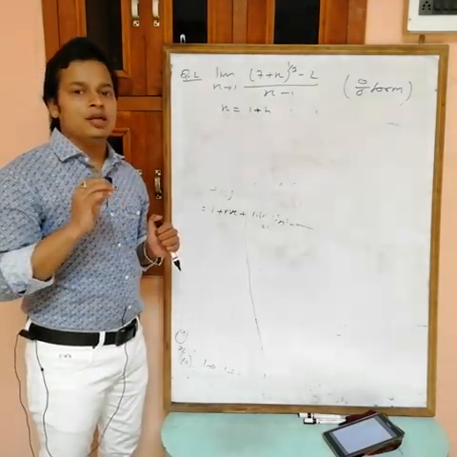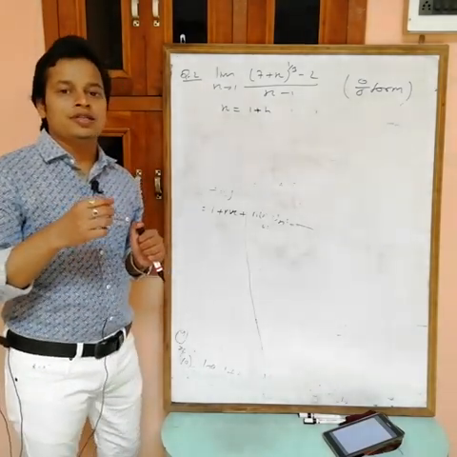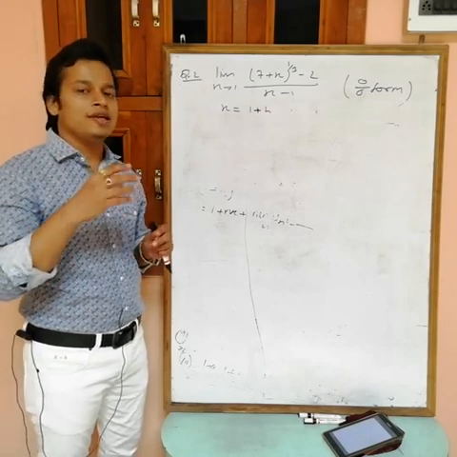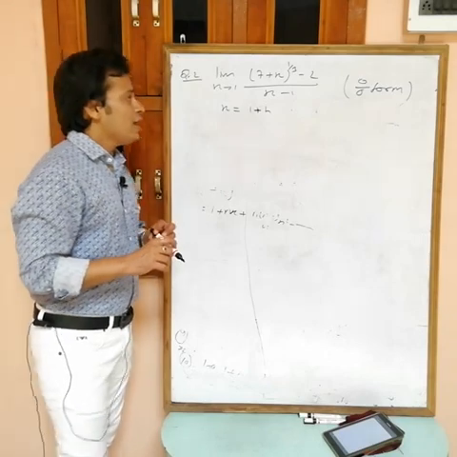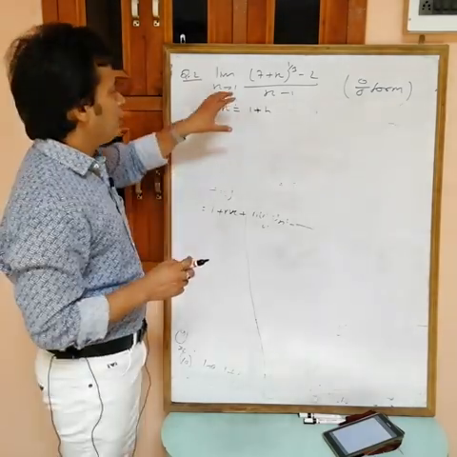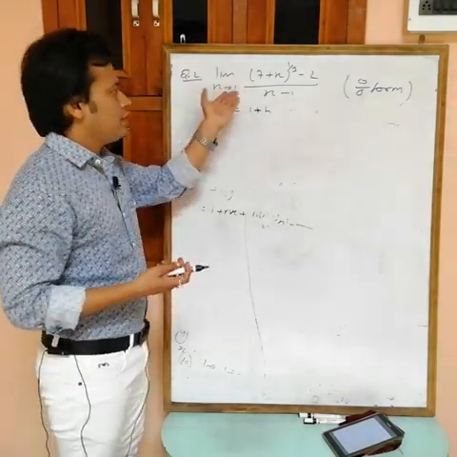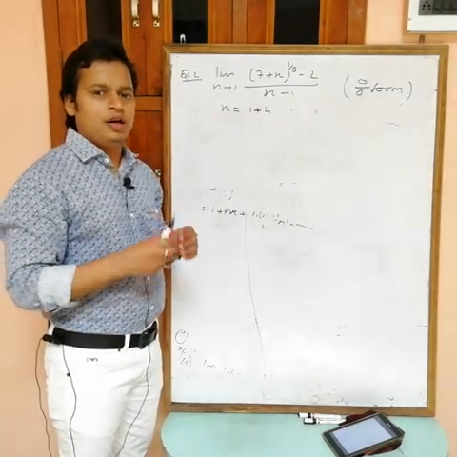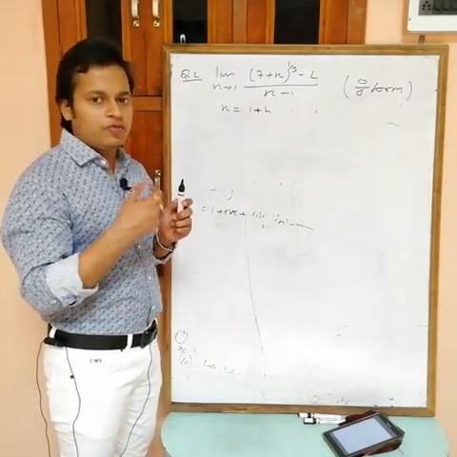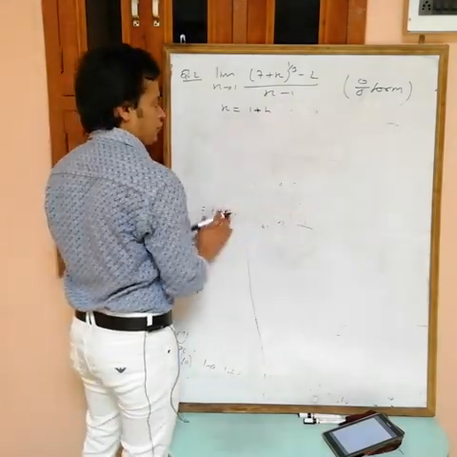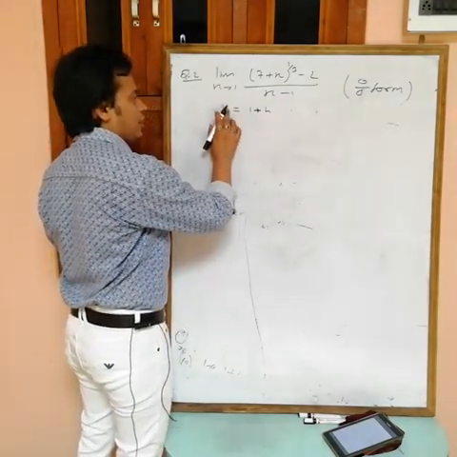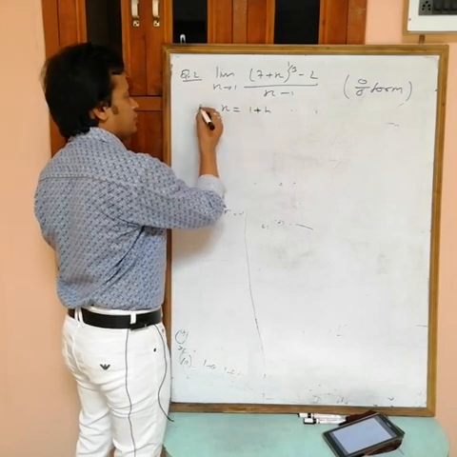So there is no need to find LHL and RHL separately, because you will always get the same value of LHL and RHL. So I can find the RHL at x equals to 1, meaning the value at 1 plus h. So I am replacing x as 1 plus h.